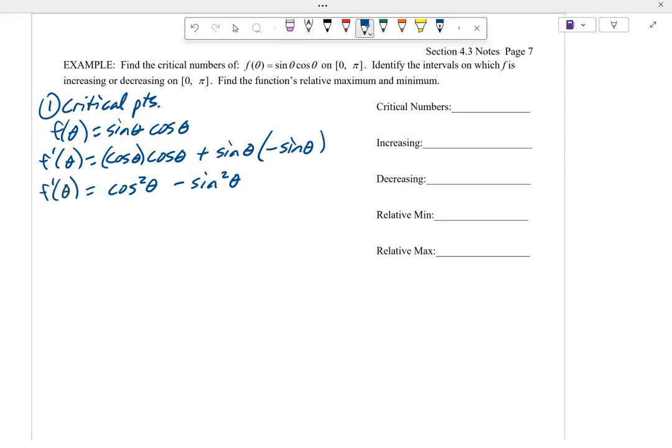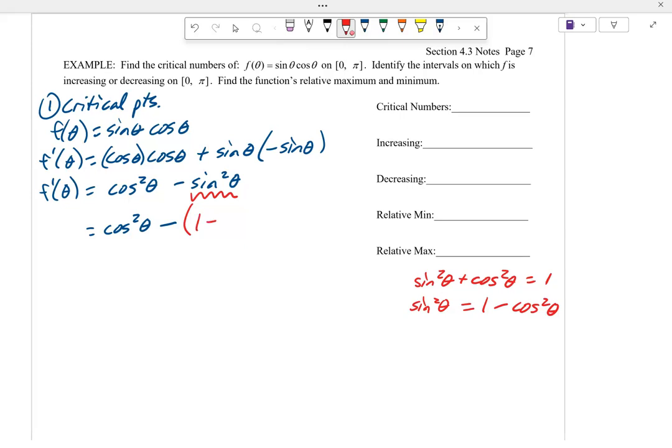Now we're trying to figure out where this is equal to 0. So I'm just going to go ahead and make a substitution. Let's put this all into cosine. Remember, sine squared plus cosine squared is 1, so sine squared would be the same as 1 minus cosine squared. I'm going to make that substitution so I can make this solvable.